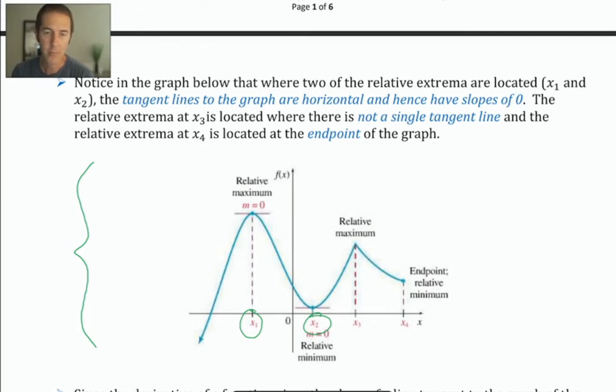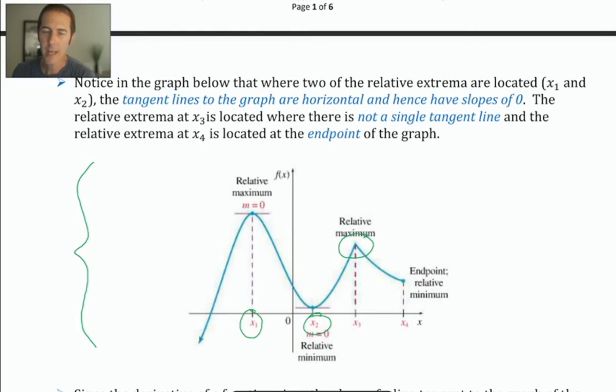So whether it's a maximum or a minimum, you're going to have a tangent line with a slope of 0. Now at x3, because this point is kind of sharp as opposed to being smooth, like a more parabolic kind of shape, this comes to a sort of a sharp corner.